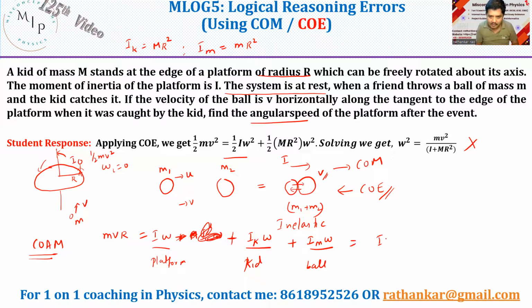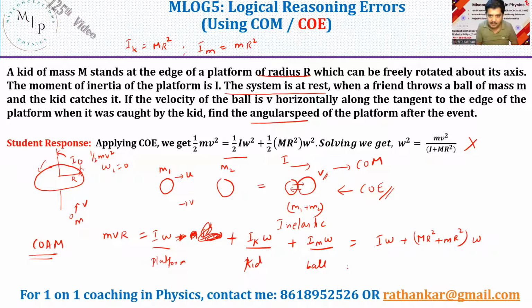Now let us substitute this. This should be equal to I omega plus Mr square plus small mr square into omega. Now what do I need? I need the value of omega.